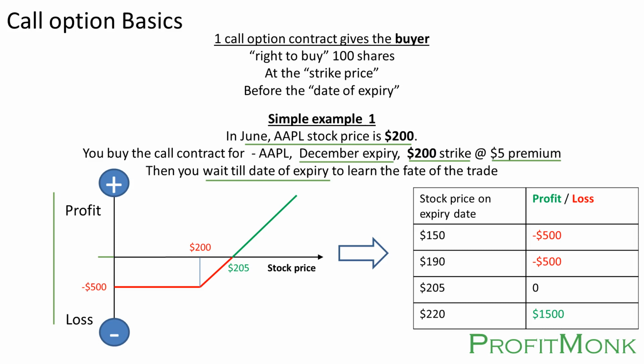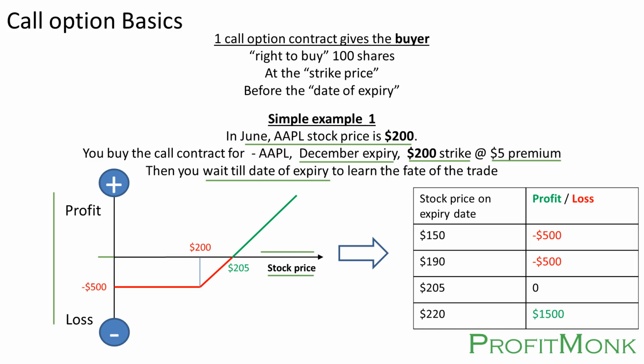On the other hand, this line here, this direction, is how the stock price is moving. So this profit and loss graph is nothing but a graph between the money you make or lose and its relationship to the stock price. So let's see what happens.